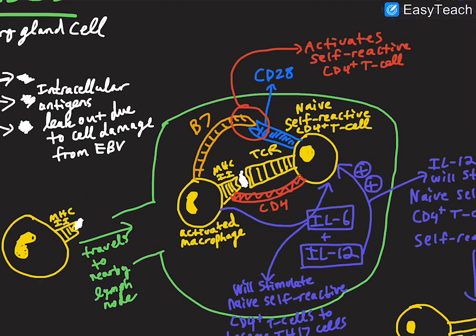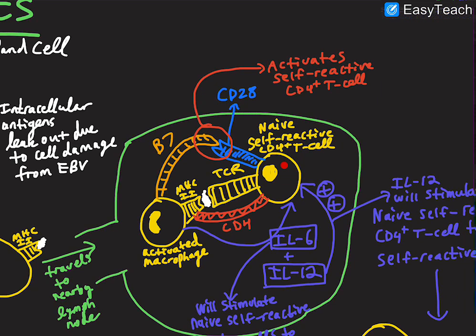And in our lymph node, let's say we have naive T cells that escaped central tolerance in the thymus. Remember, we talked about central tolerance in a previous video. If it escapes central tolerance, that means it's self-reactive.